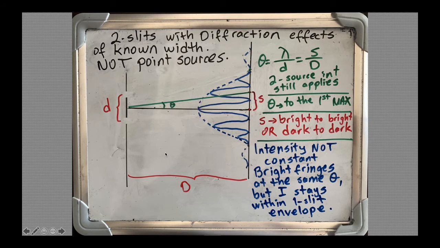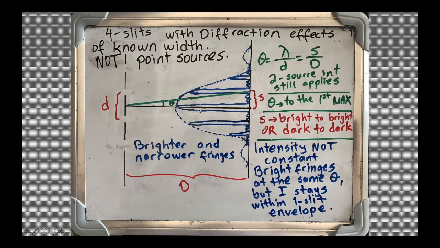So when I increase it, you see these are wide and intense as that much. And when I go back to this, the 4-slit case, they become more intense overall, still within the single slit diffraction envelope, and they each became narrower and brighter.